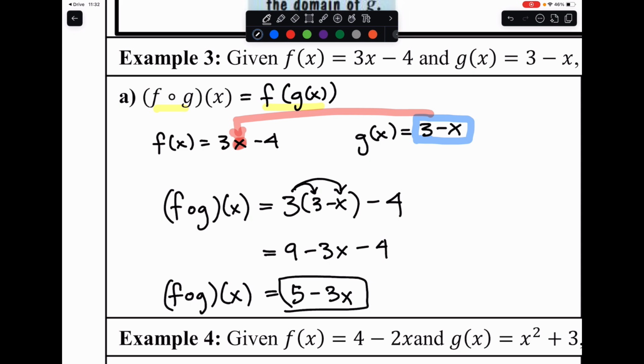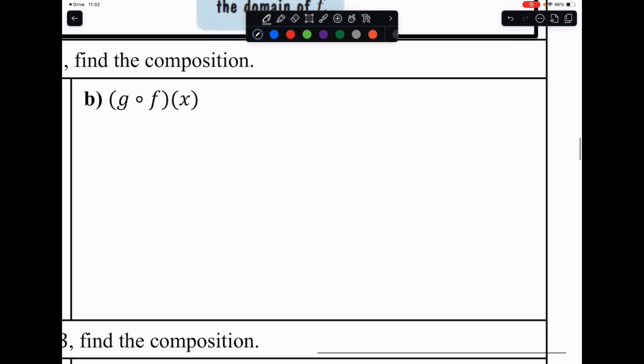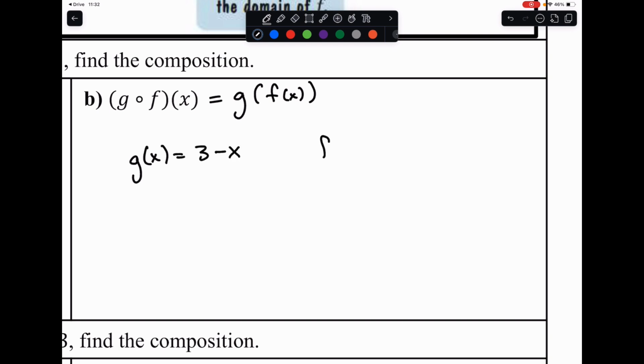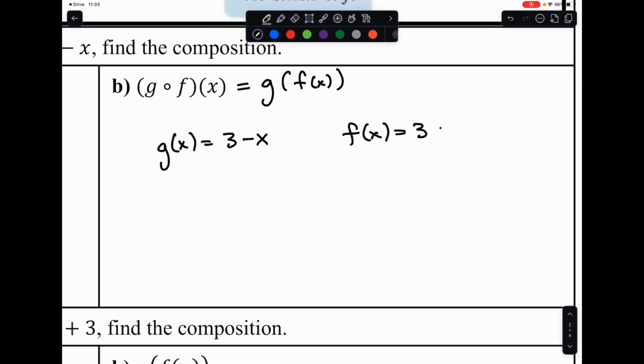Let's do another example. So here we're going to use the same two functions, but now we want to do the composition in this order, which means that we now want to plug f into the function g. So I'm going to write g first, which is 3 minus x, and f second, which was, I forgot, 3x minus 4. So now we want to get this and plug it into this x right there.